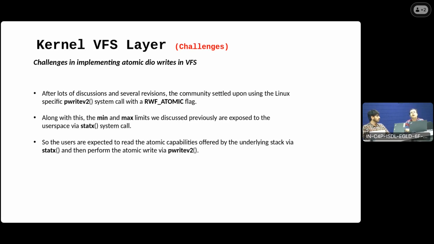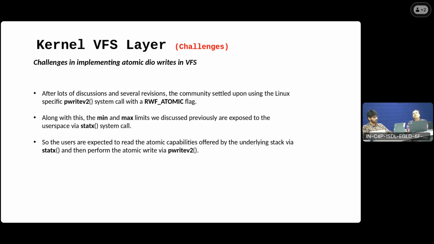And then we also use statx, which is like getting file statistics, an extended file status, basically, right? With statx, we can define the min and max limits that the device puts as a constraint, and using those limits, the user can submit the write within that limit so that it can support atomic write, right?